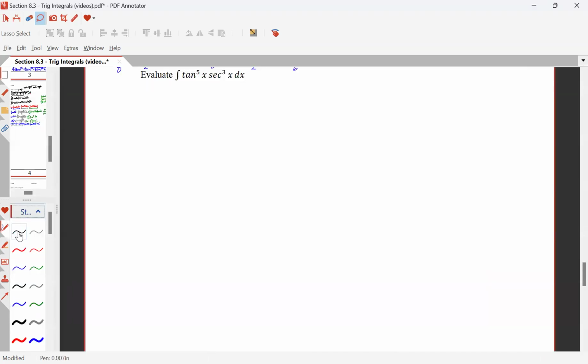First, when we have an odd tangent, there is a strategy we can use that actually just puts us back into sine and cosine. We can rewrite this integral in terms of sine and cosine.